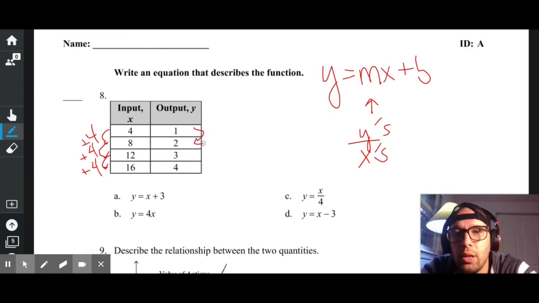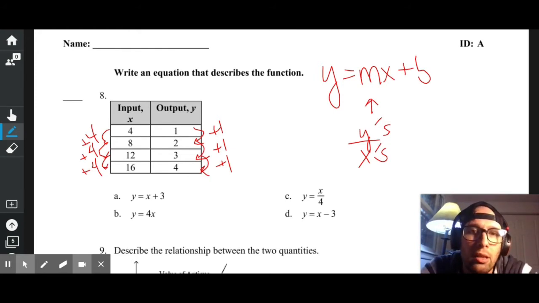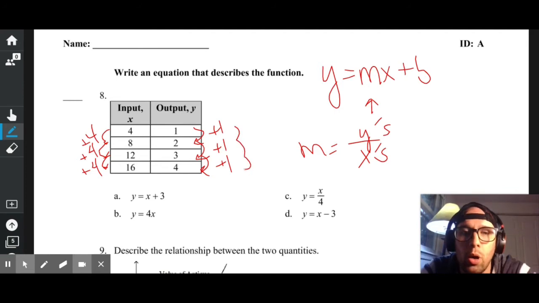So the change in y's, which appear to be 1, 1, 1, over the change in x's, which appear to be 4, 4, 4.